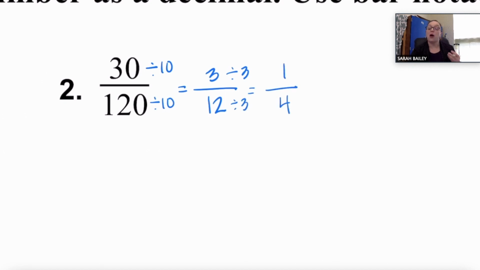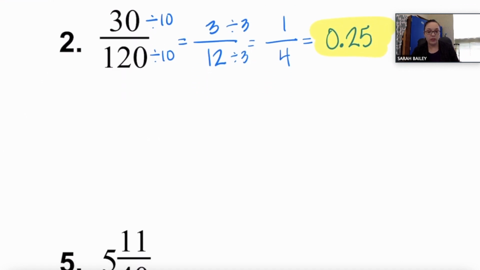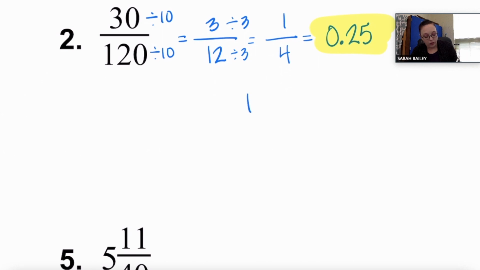Now, some of you automatically know the decimal equivalent for 1/4. We know that that is 0.25 or 25/100ths. But if you didn't, we could still use division, that we can do 1 divided by 4. 4 does not go into 1, or we could say it goes into 1 0 times. Bring my decimal up and change that to 1.0. 4 goes into 10 twice. 2 times 4 is 8.